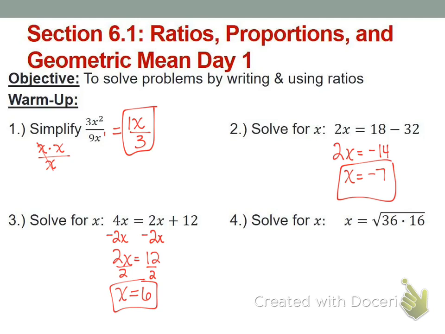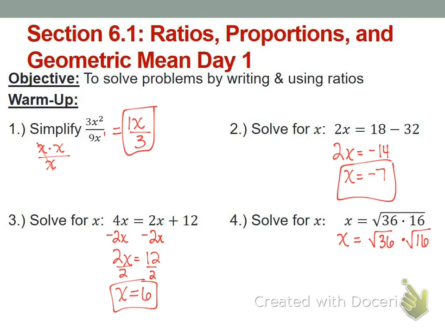Okay. We can split up that radical so that we're taking the square root of 36. It's still a multiplication problem. And we're taking the square root of 16. I would agree that this is the easiest way to go about this. You could multiply those numbers together and then try to find the square root, but then you're dealing with a much larger number.